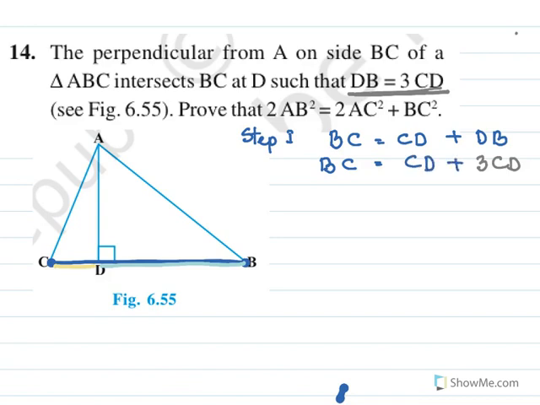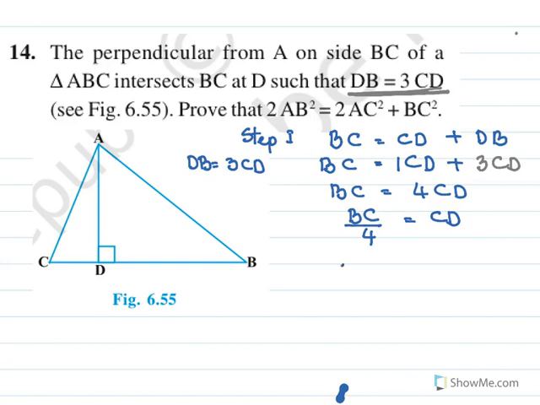The reason for this is that DB equal to 3 times CD. So the BC now is equal to 1 CD plus 3 CD, which became 4 CD, which means BC by 4 equal to CD. I'll rewrite this again. So I have CD is 1/4 of BC.